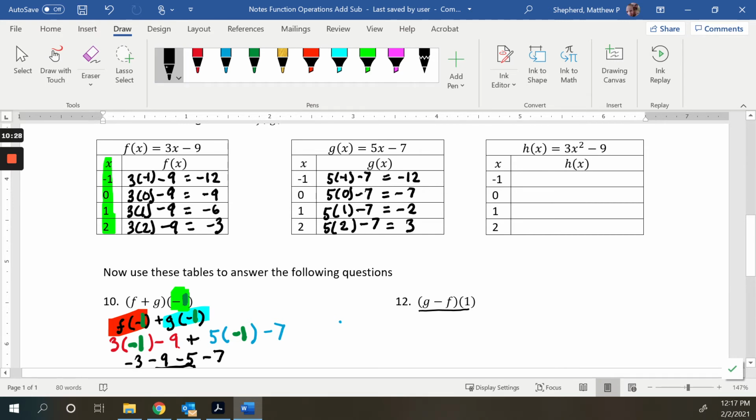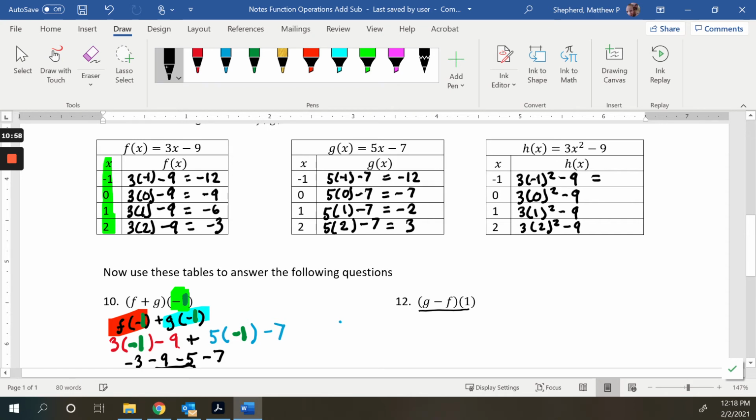This next one, we've got a square. Just remember that when a number is squared, that means to multiply it by itself. That's what that exponent is saying. So we're going to have 3 times negative 1 squared minus 9, 3 times 0 squared minus 9, 3 times 1 squared minus 9, 3 times 2 squared minus 9.